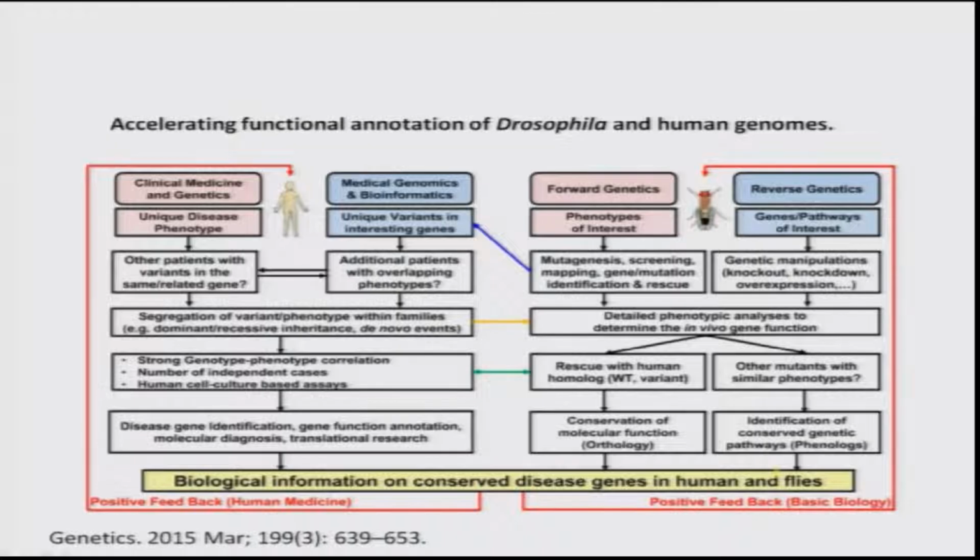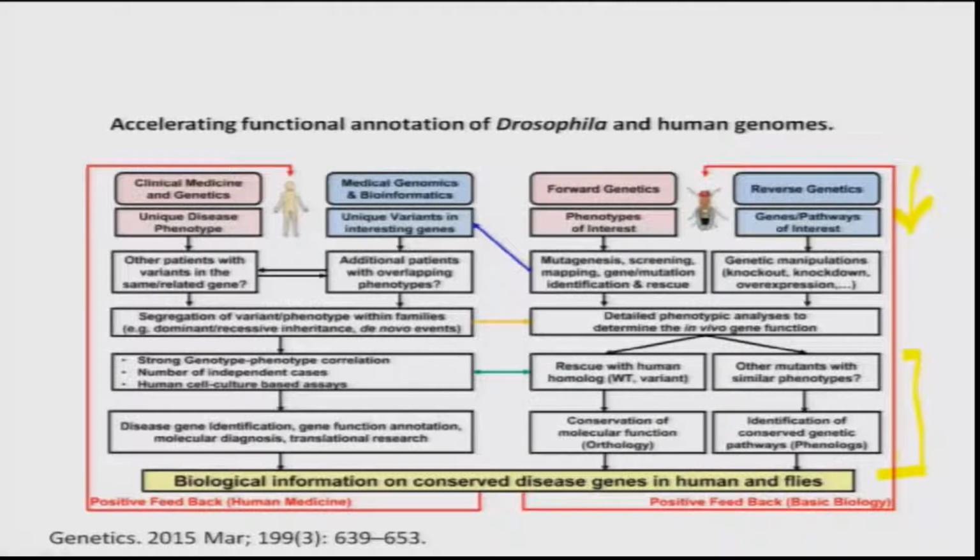So this is something that I already informed you, that you have the process of what is called reverse genetics and forward genetics. Reverse genetics is that you take a gene, delete it or mutate it and see what happens to the phenotype. And you have a large number of papers and observations with regard to how deleting a gene in fly results in a phenotype or changes in the cellular mechanisms.